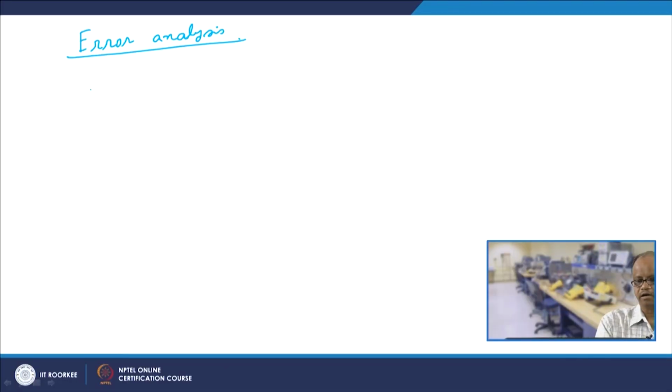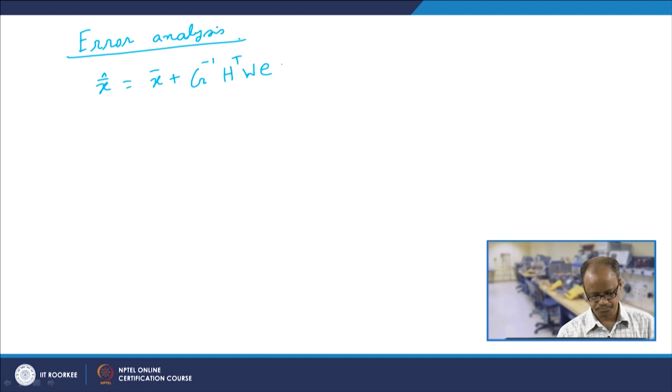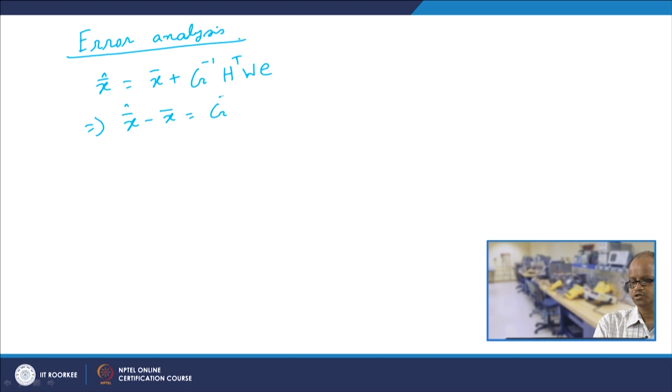Now, we recall that our estimated value x hat is given by x bar plus G inverse H transpose W into E, that we have already seen. So we said that x bar minus x hat is equal to G inverse H transpose W into E, where E is the error vector.